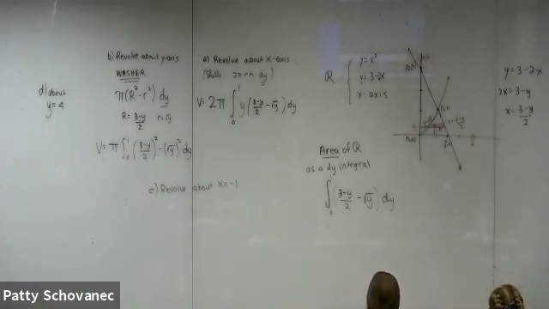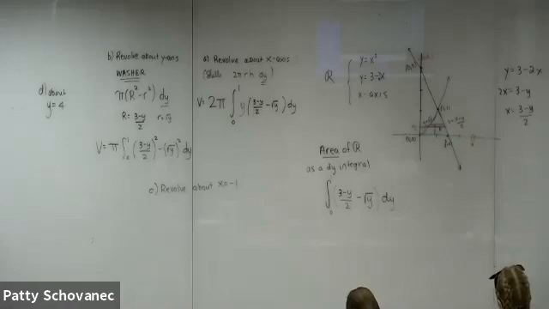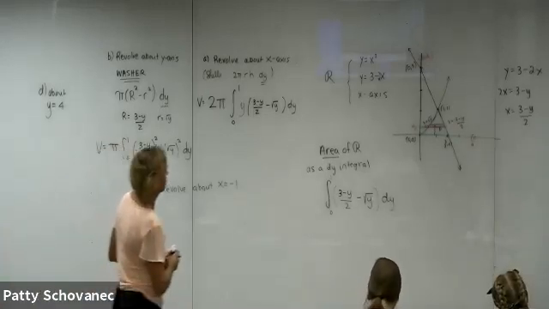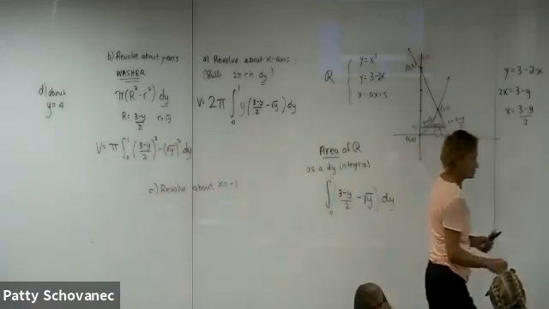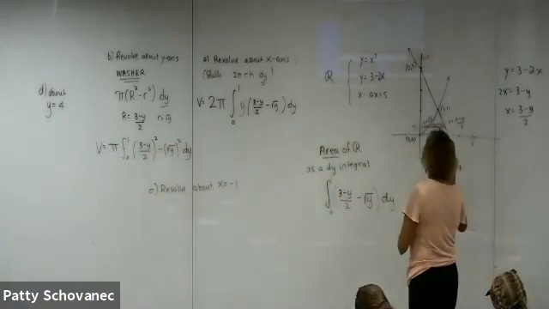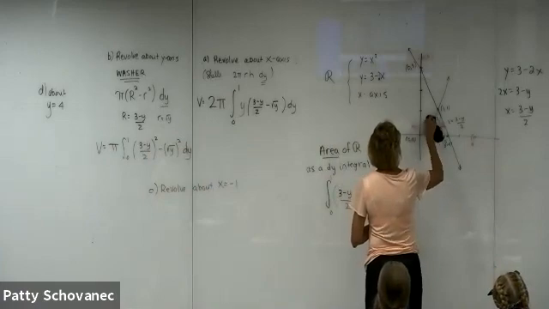Okay. Ready for part C? Here's the line x is equal to -1. That's a vertical line, back 1 unit. So let me rub all this stuff off and keep my red rectangle.